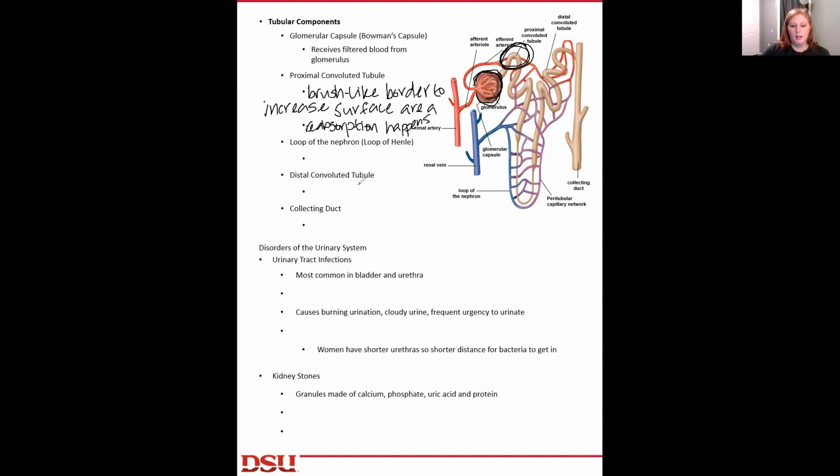Okay, then we're going to go down here. So again, this is our proximal convoluted tubule. Here we go. It's going to dip down into something called the loop of nephron or the loop of Henle. And again, just like with Bowman's capsule, I usually hear this referred to as the loop of Henle, but you can use it interchangeably. You have a descending and ascending loop here.